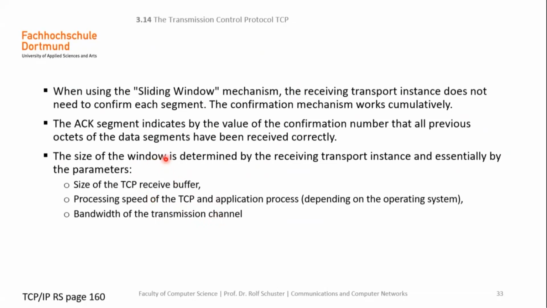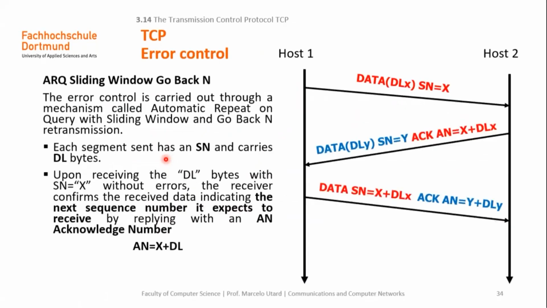One is the receiver side with the advertised window, and the other is the behavior of the network and the possible congestion situation that could be implicitly detected by the transmitter, and then the window size will be reduced in order to avoid congestion in the network.